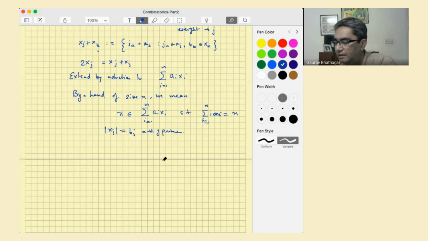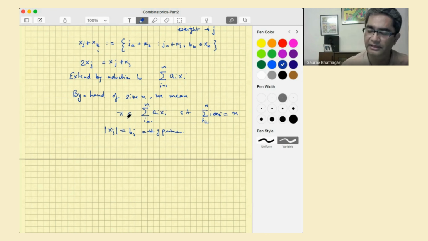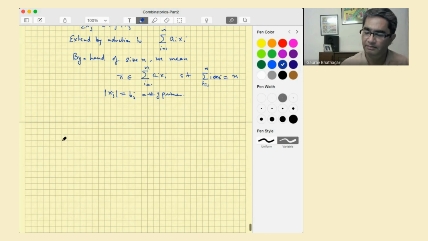So let me do an example. This is a very generic thing. It actually includes lots of things like graphs and trees and all kinds of materials, which you can see in Wilf's book. But let me do an example from partitions.